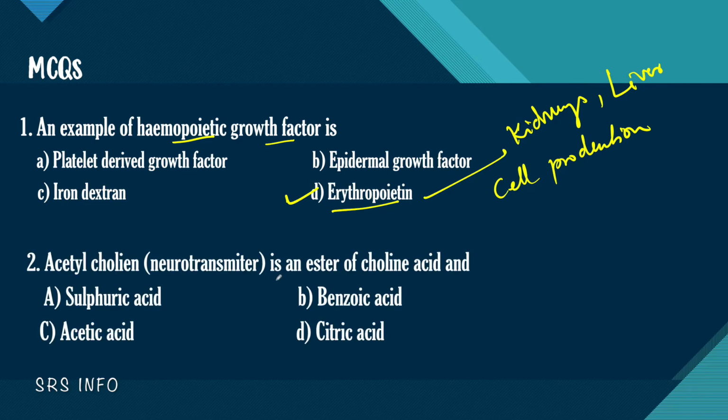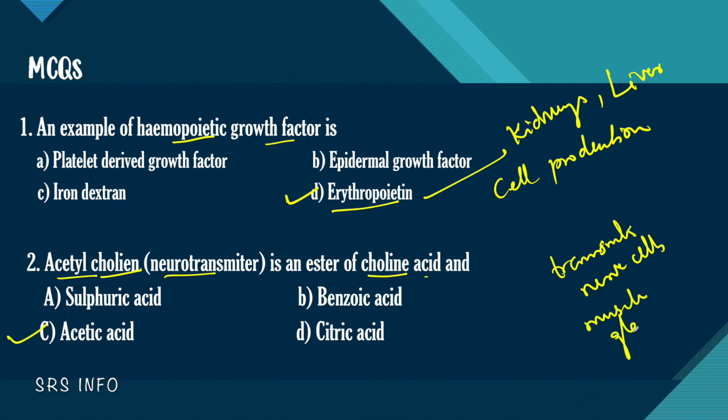Next, acetylcholine is a neurotransmitter which is an ester of choline, acid and what? This is very simple. Acetylcholine is an ester of choline, acid and acetic acid. Okay. So this is a neurotransmitter. What does a neurotransmitter do? It transmits the chemical message released by the nerve cells to other cells like muscle cells, gland cells, etc. This is the function of a neurotransmitter.